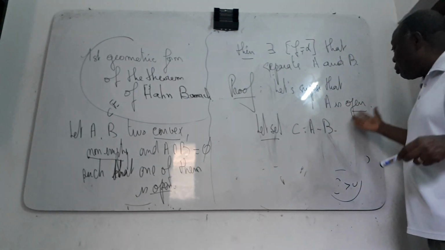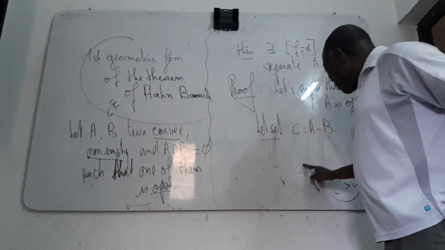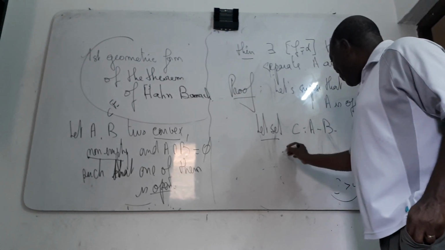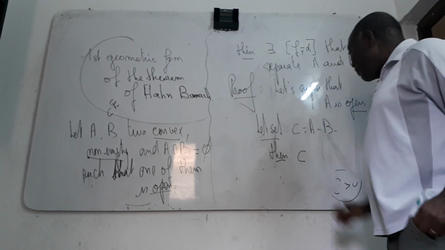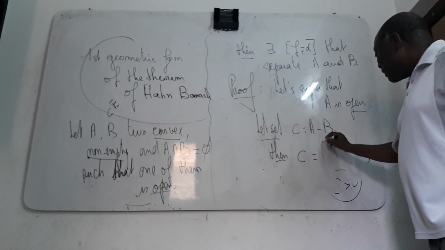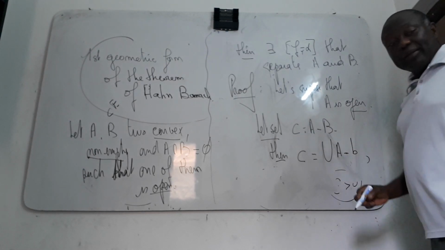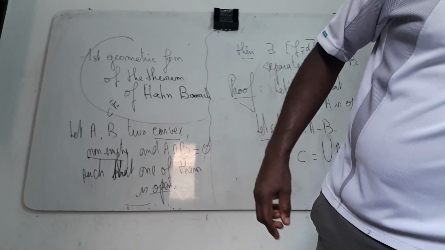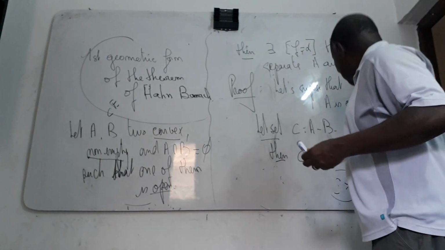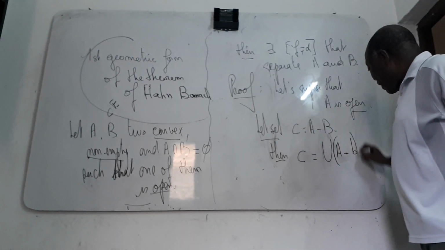We suppose that A is open. And this C can be written as a union of A minus b, over b in B. What is this? I can write it like this.